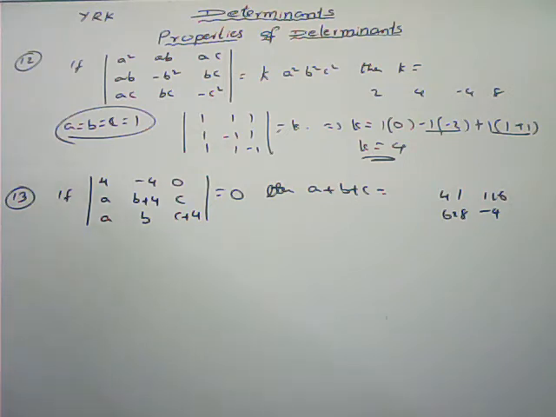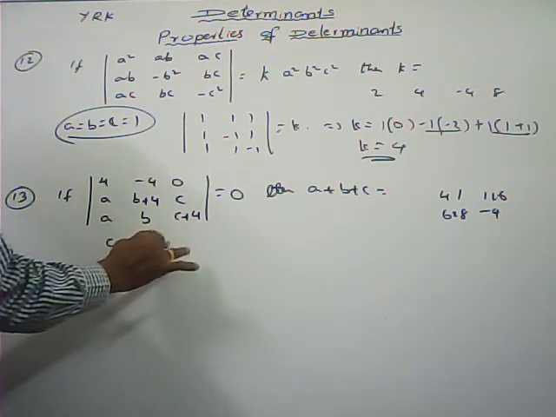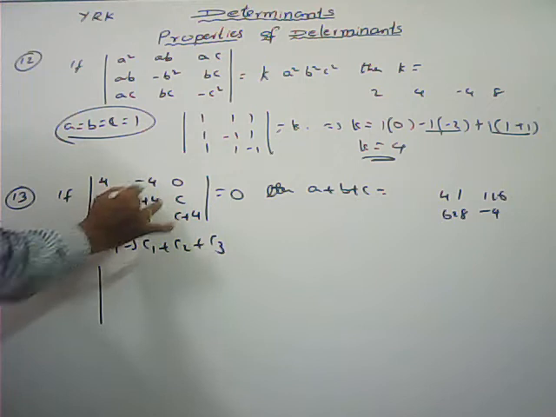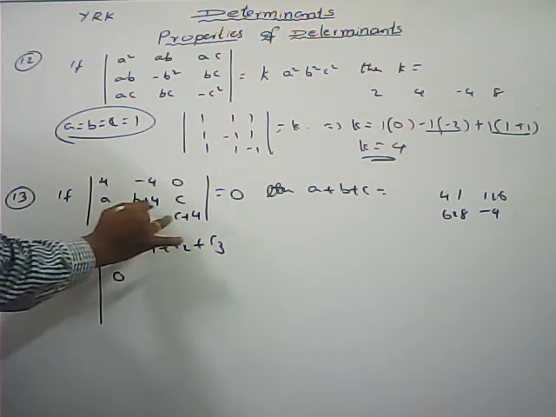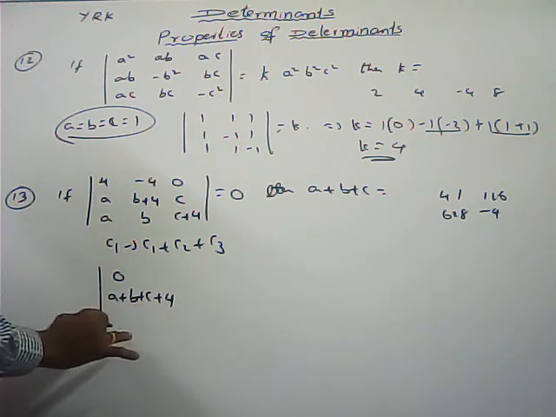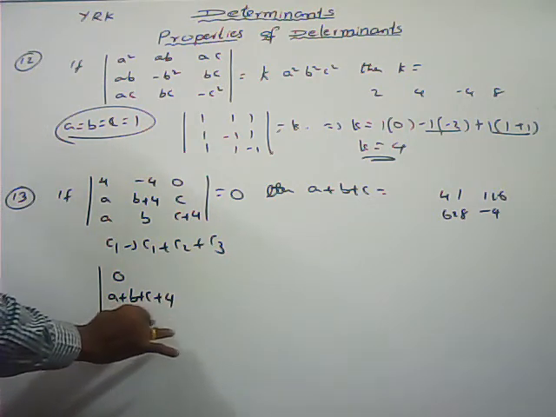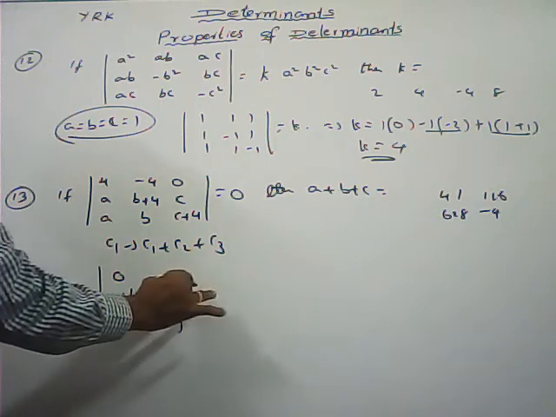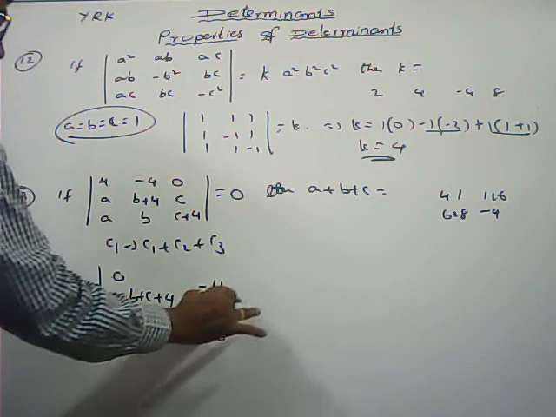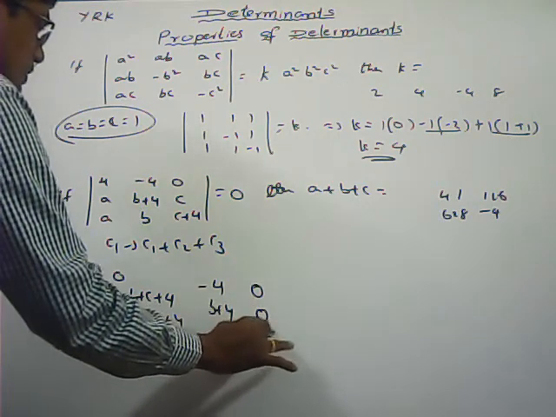Now here A plus B plus C equals what? To get A plus B plus C, it is better to add C1 to C2 plus C3, giving A plus B plus C plus 4, minus 4, that is 0; A plus B plus C plus 4, B plus 4, B 0, 0, C plus 4.